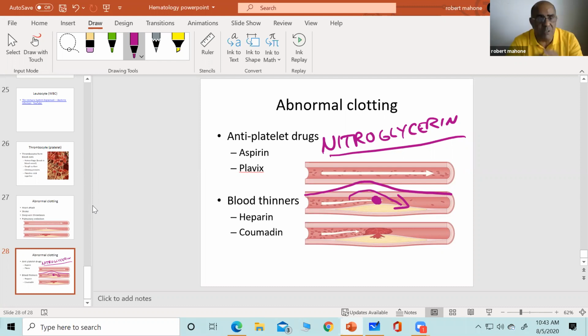So nitroglycerin dilates the blood vessels. And it's not the same nitroglycerin. So doctor puts a patient on nitroglycerin. He takes it home, tells his family, yeah, doctor put me on nitro.